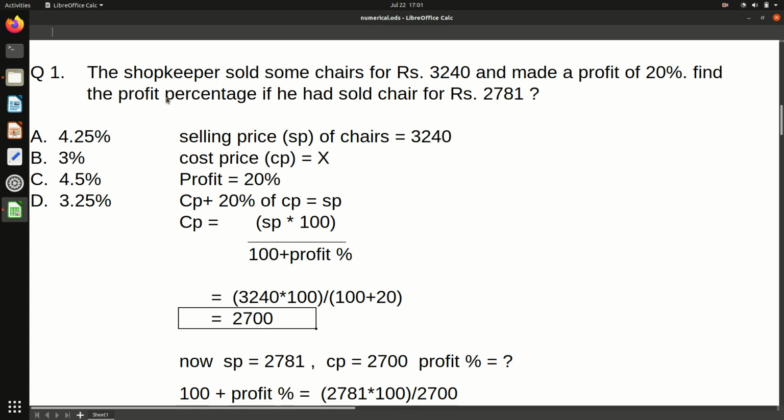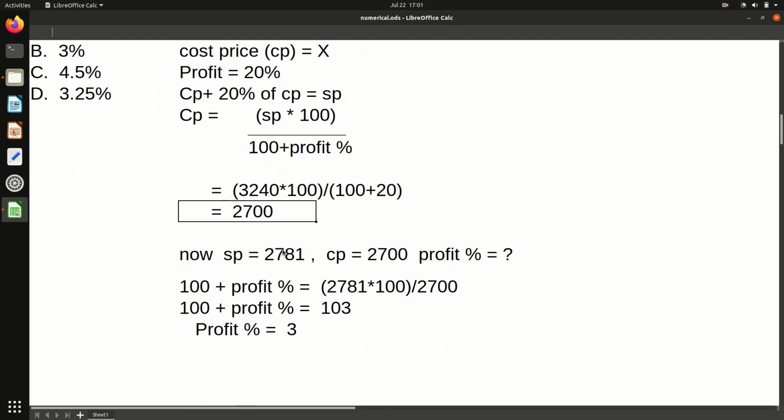We just have to find the profit, what profit he would have gained if he had sold it for this amount. So again we will put all these values in this formula. This time CP is given, 2700, profit we have to find, SP is given, which is 2781. So just put all the values.